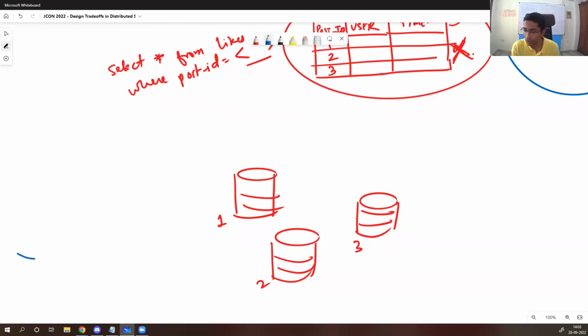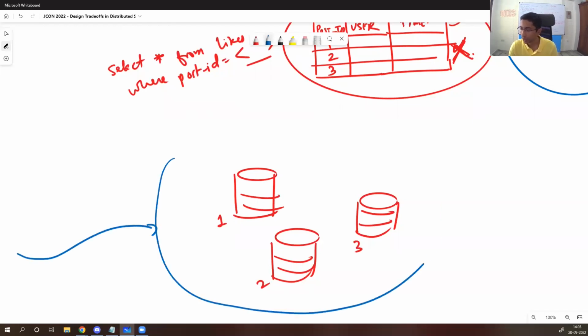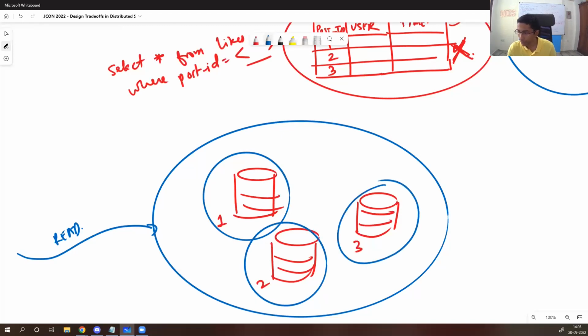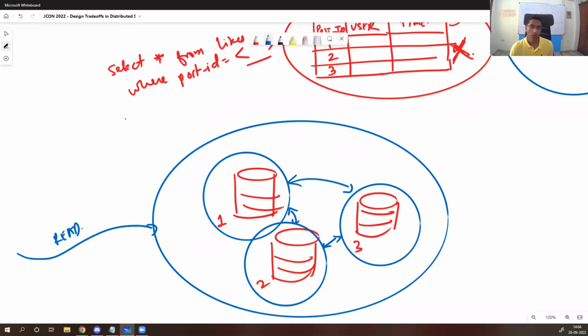Whenever you get a request for some read operation, like an SQL query, select star from likes where post ID equal to something, you query the table 1, you query database 2 and database 3, they give you responses. Okay, and they're talking to each other and keeping each other consistent. Let's assume that they have some sort of a protocol to do that. They periodically share data.